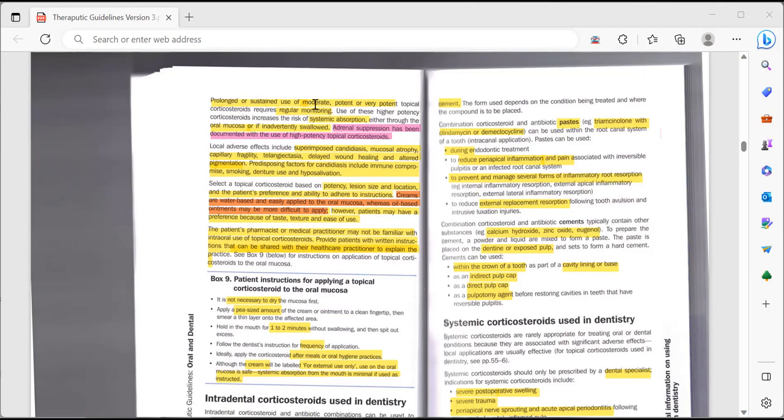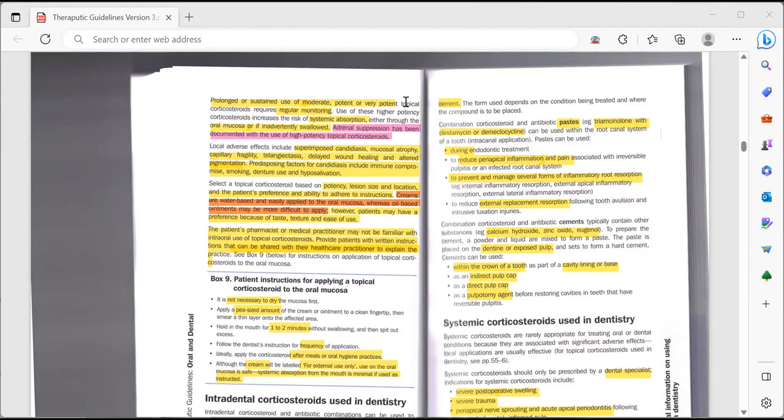So even if you are giving the patient the moderate, potent, or very potent corticosteroid to apply topically, there is still a chance of systemic absorption, either through the oral mucosa or if inadvertently swallowed by the patient. Adrenal suppression has been documented with the use of high potency topical corticosteroid.